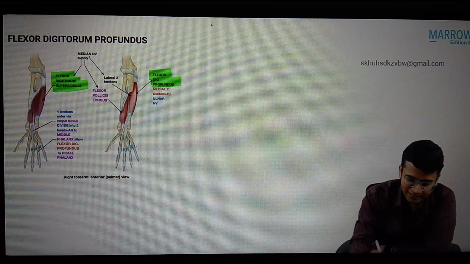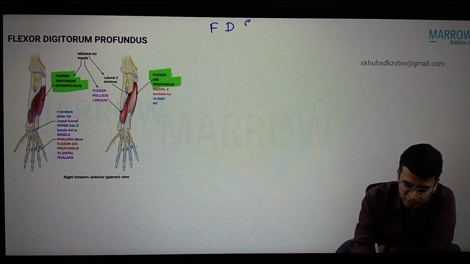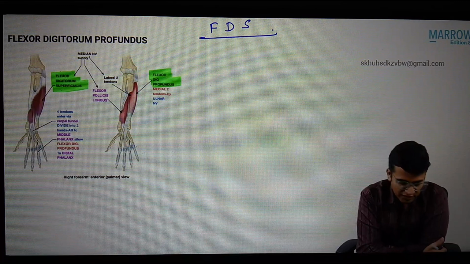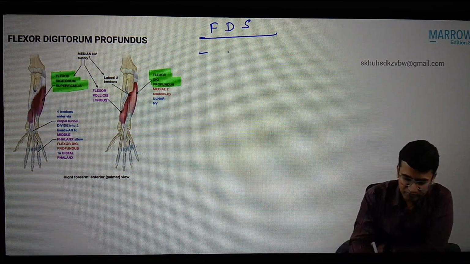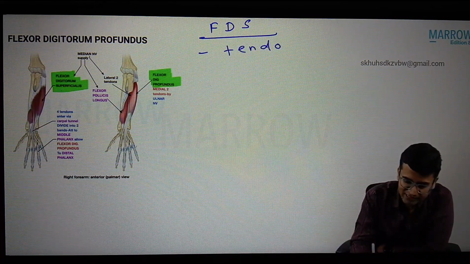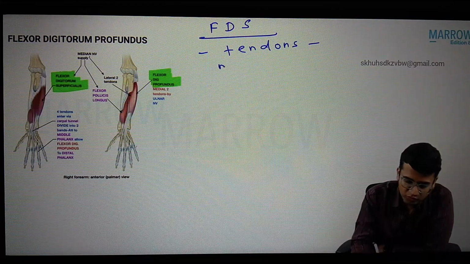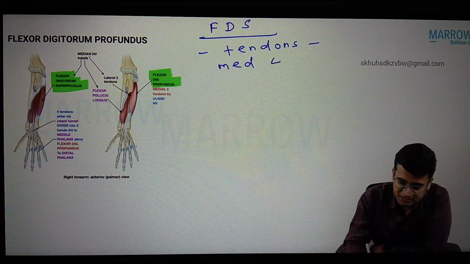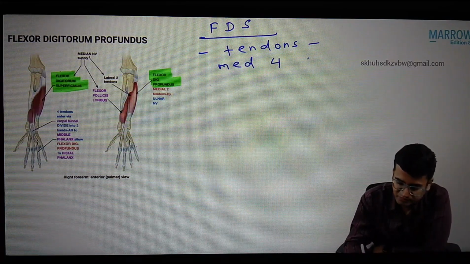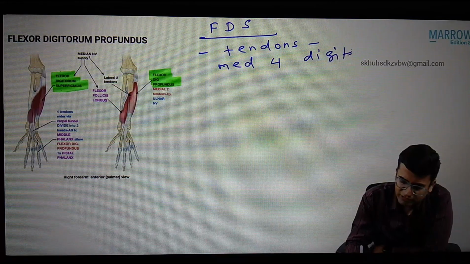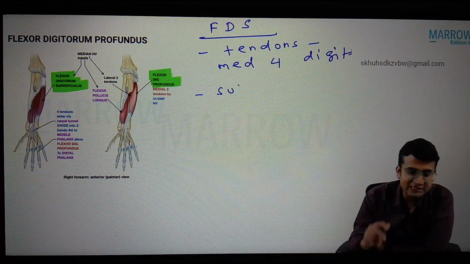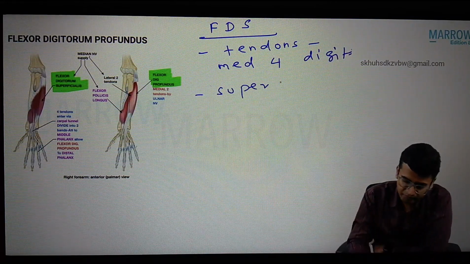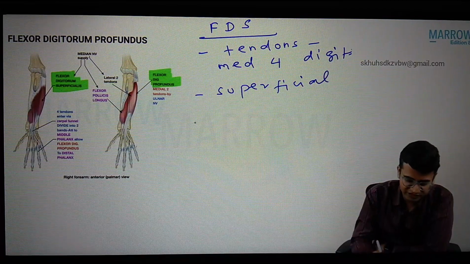Clear? Right. Now first we discuss the FDS muscle. The tendons of FDS go to the medial 4 digits, and it is superficial.